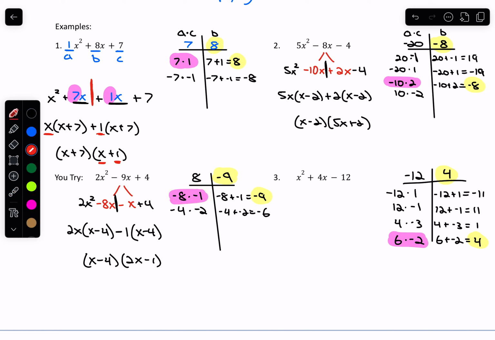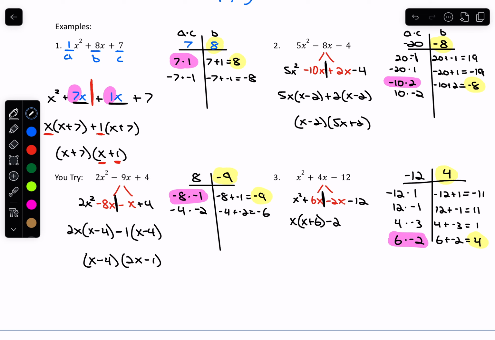All right, that being said, we can go ahead and split the middle now into 6x minus 2x. We are in a situation again where we have a negative number as the coefficient for that x term on the second half. So when I factor by grouping here, I split the problem in half and I pull out an x from the first set of parentheses, or from the first group. But on the second group, because it's a negative 2x, I'm automatically going to pull out a negative number.